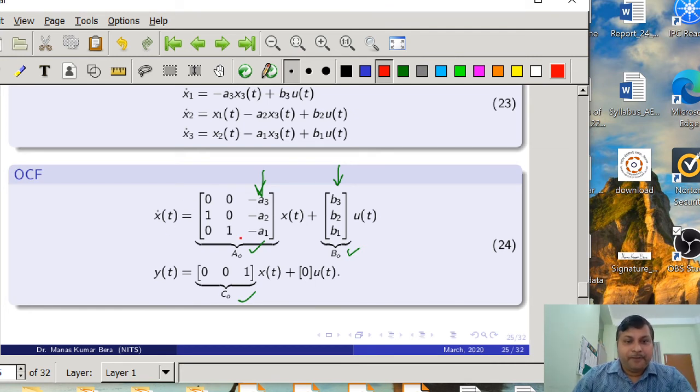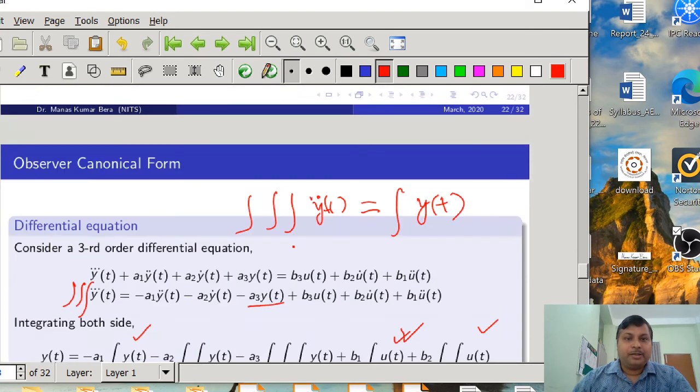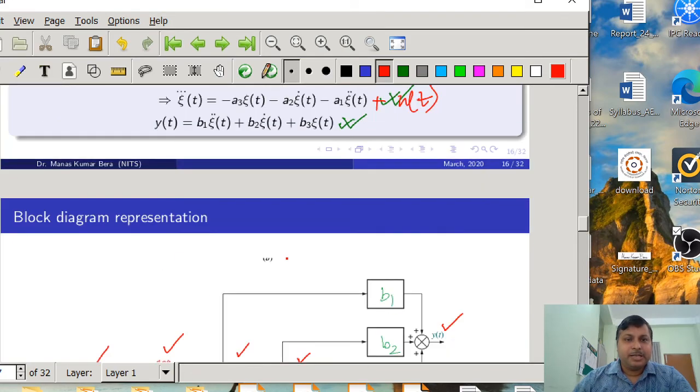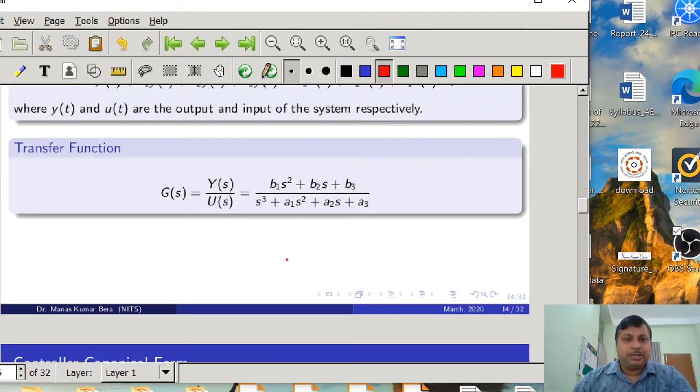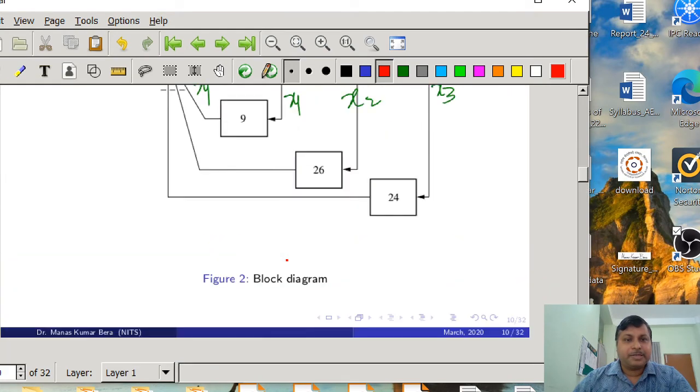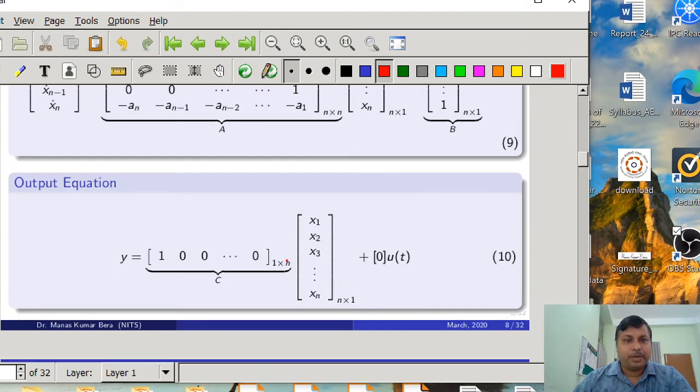So if this is the representation of the observer canonical form, correspondingly if we see the controller canonical form, you will find that a relation exists. So let us see the form which is represented in terms of a1, a2, a3.